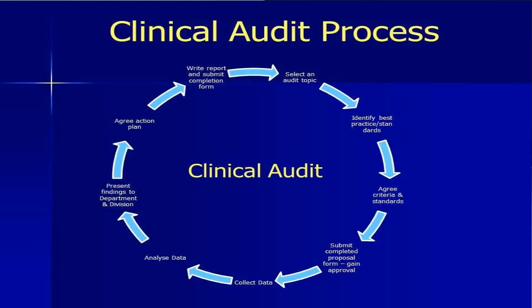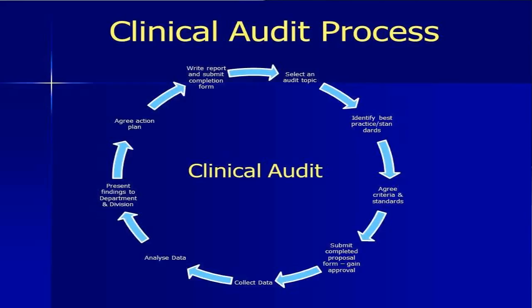Following that, an action plan should be agreed by those who have the capacity to deploy resources. So that wouldn't necessarily fall to you as trainees to follow through with, although occasionally you'll be involved in that process depending on your recommendations as a result of the findings of your audit.